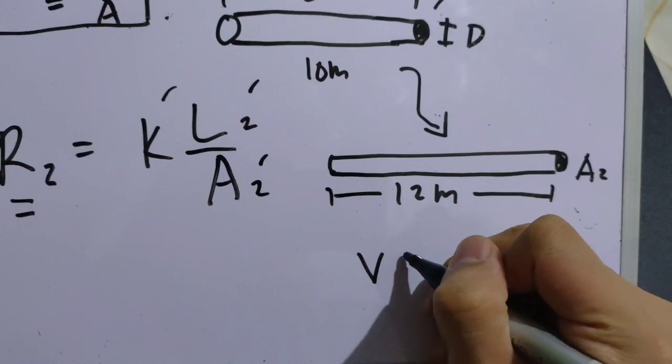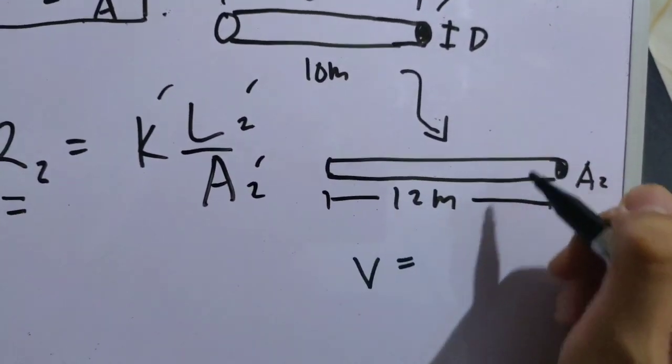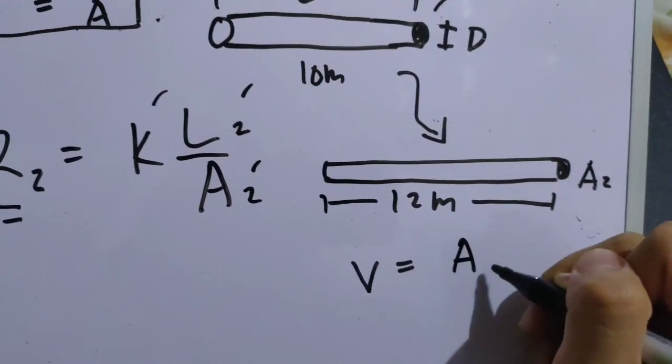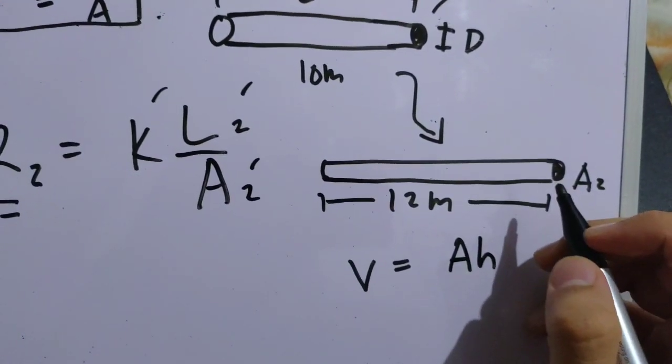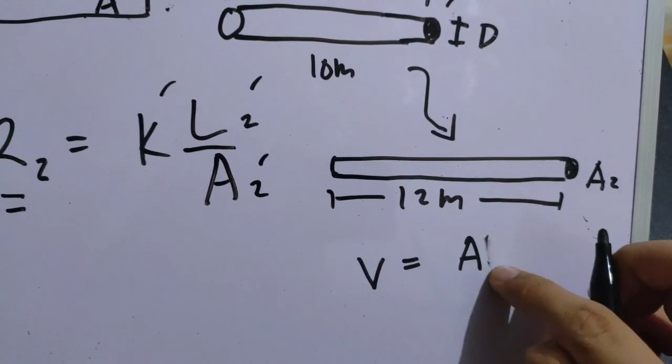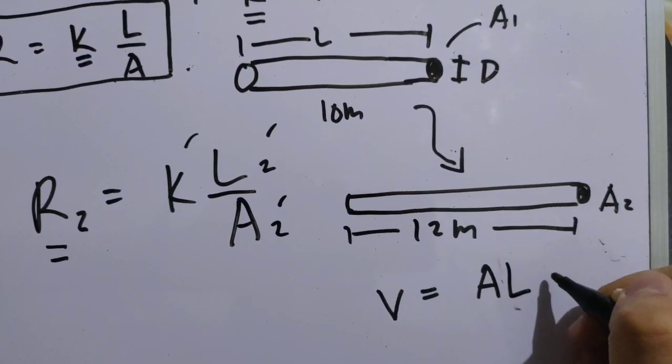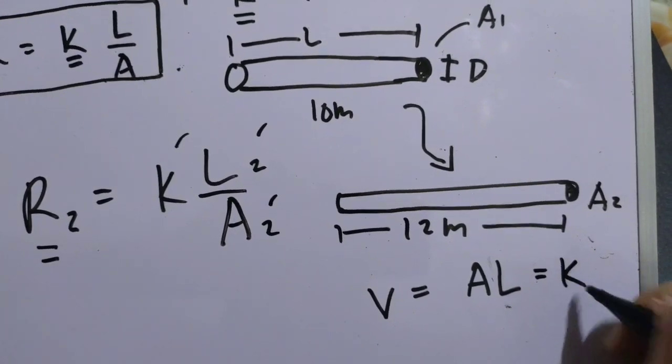At yung formula ng volume ng cylinder, so ito cylinder siya, is equal to yung area ng base, area ng circle, times yung height or yung length. At alam natin na hindi nagbabago tong volume. Constant yan.